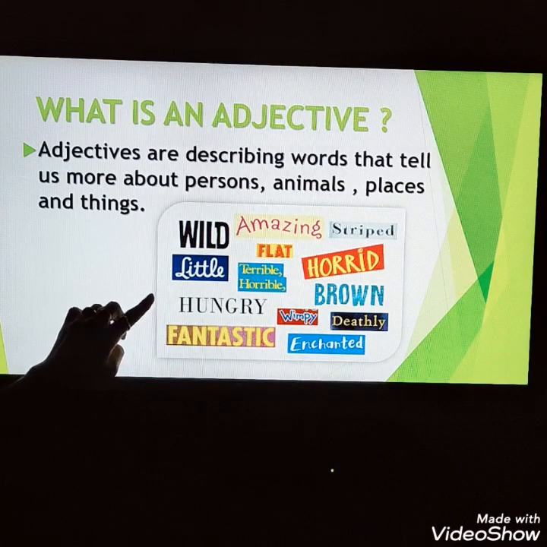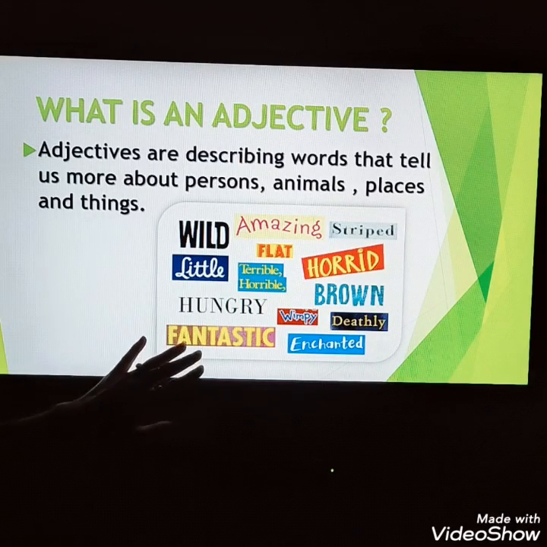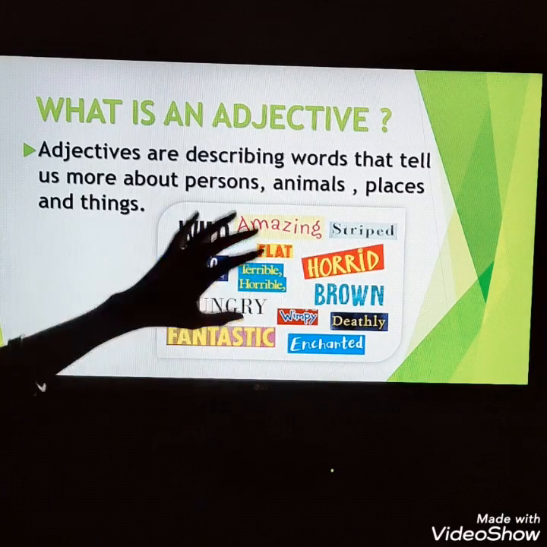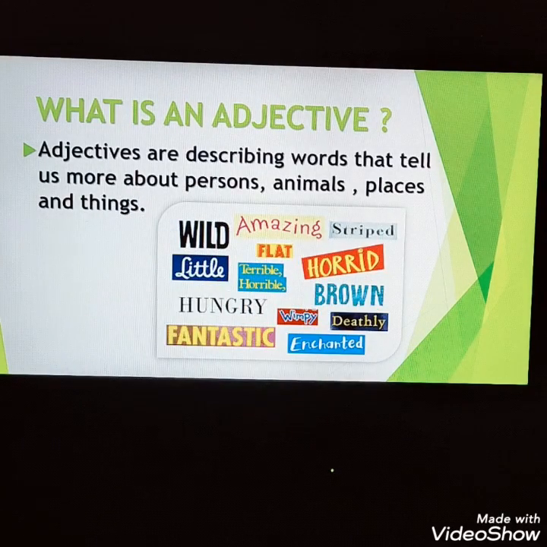She is feeling hungry. Fantastic. Enchanted. These are the describing words. Adjectives tell us about the size, the shape, the color of the things, the animal or the person.